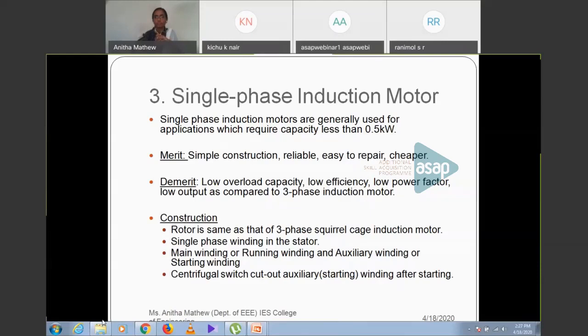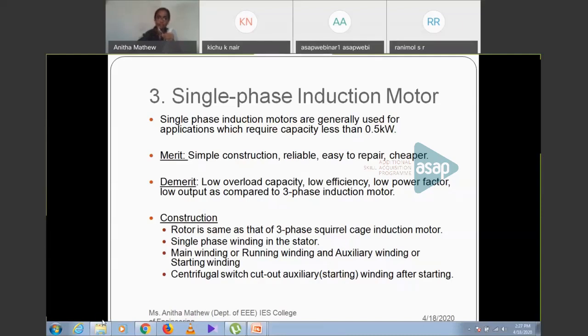Next doubt is from Anjosi John. Why are we not providing AC excitation to the rotor of the synchronous induction motor? In this slide itself, we can see that we are providing DC supply.